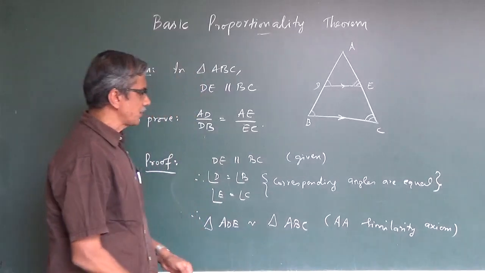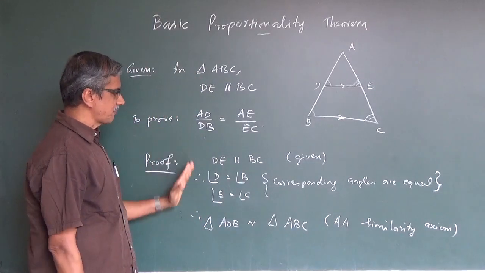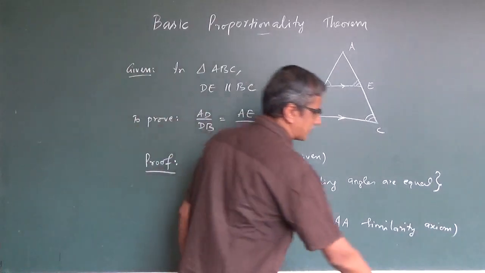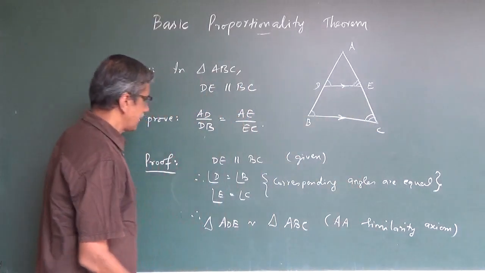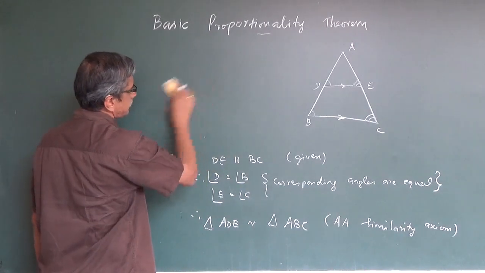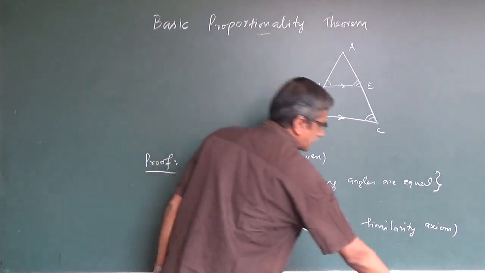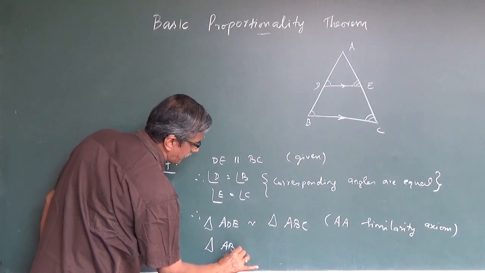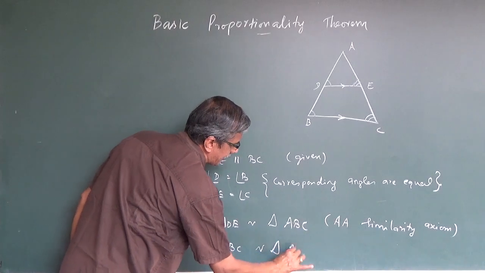I hope you understood the first part of the proof. So we have understood that the two triangles are similar. Once they are similar, we will write the other parts. I can write triangle ABC is similar to triangle ADE.